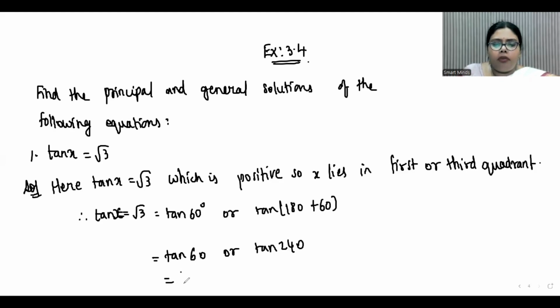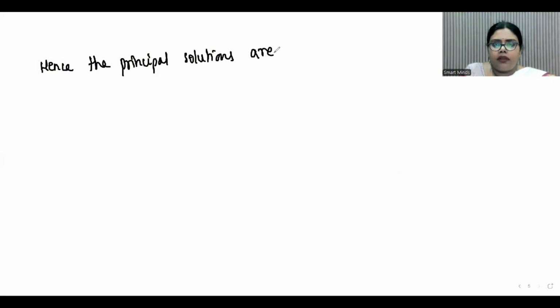In radian form, how can you write it? Tan pi by 3 or tan 4 pi by 3. Hence, the principal solutions are pi by 3, 4 pi by 3.